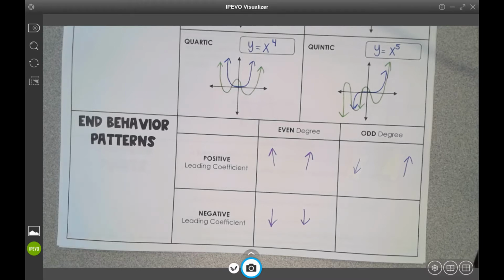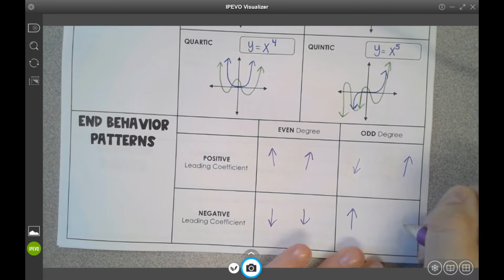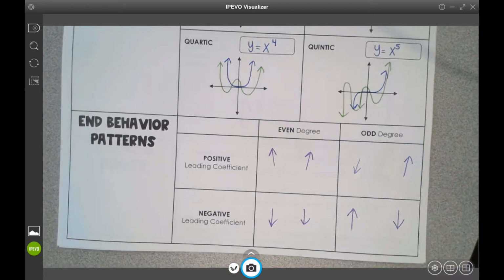And then if we do a negative x to the 5th, the left side points up, the right side points down. And so that holds true with all of your equations.